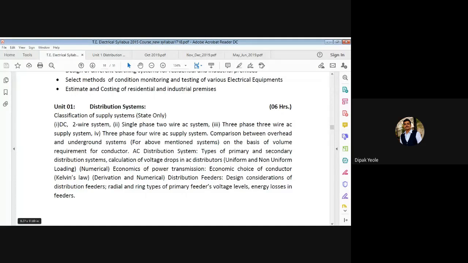The third advantage is we can store the images in any format, which is again very advantageous. And the fourth advantage is these images are reliable. One can believe these images and start the checking or the maintenance. So obviously these are the advantages of thermography cameras or thermal image analysis.